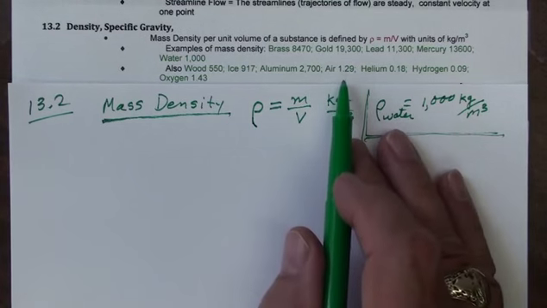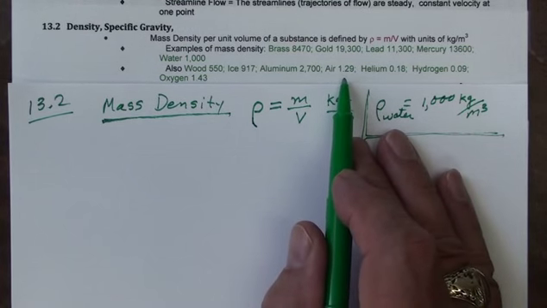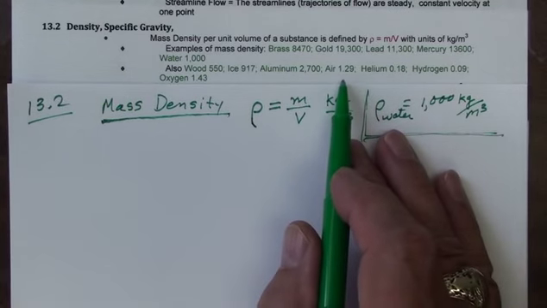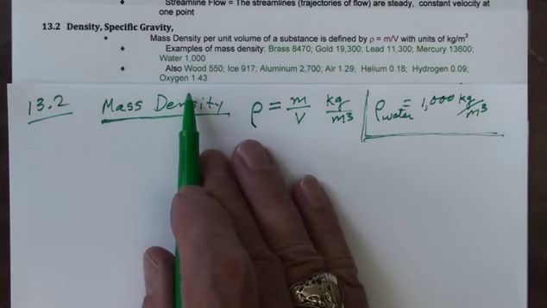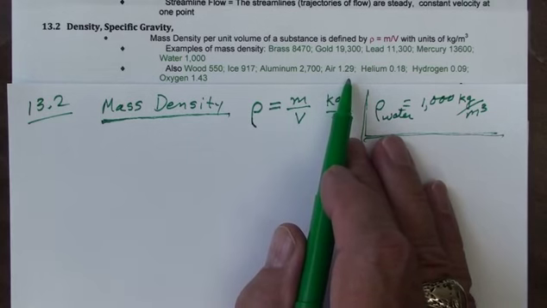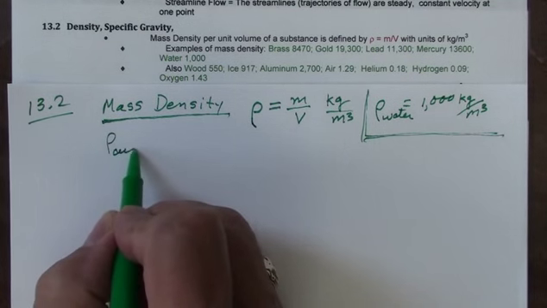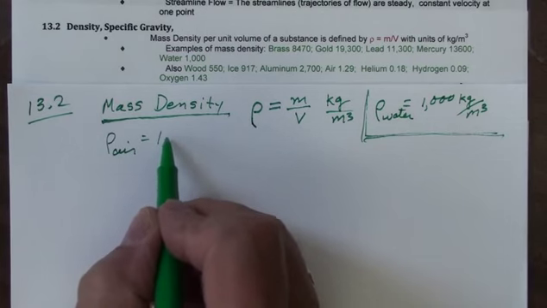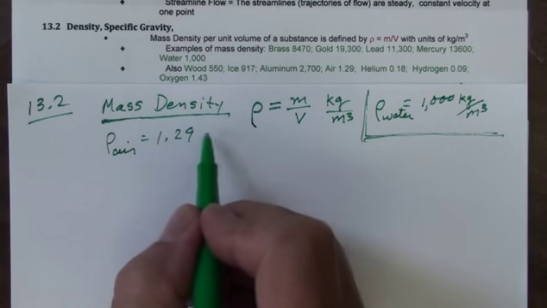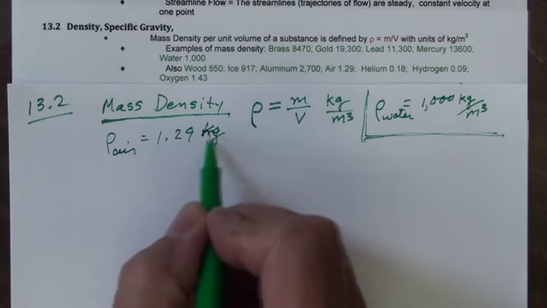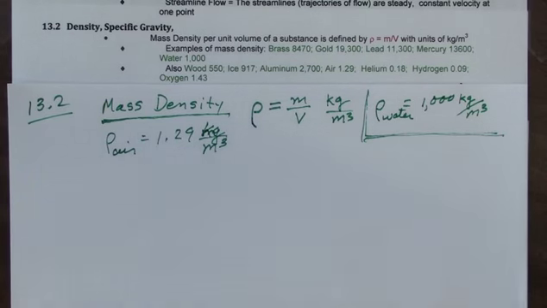Now looking at some gases, if we look at gases like air, helium, hydrogen, and oxygen, you'll notice that air and oxygen just as well are about 1.29. So the density of air is about 1.29, and that would be kilograms per cubic meter.